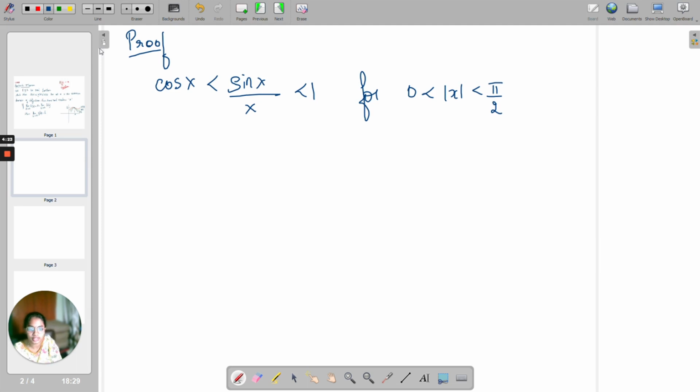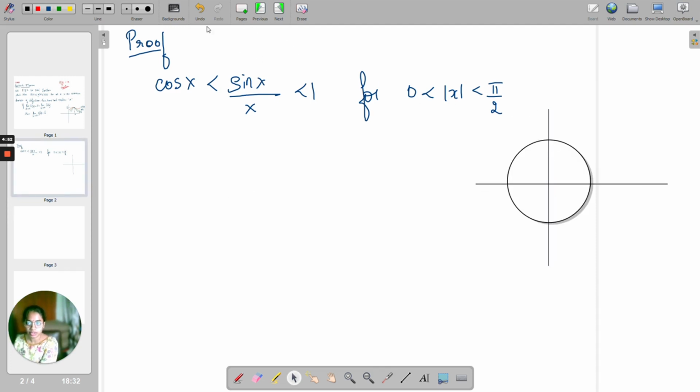Let me take the x and y axis, and a circle. Observe the inequality that is given, 0 less than mod x less than pi by 2.